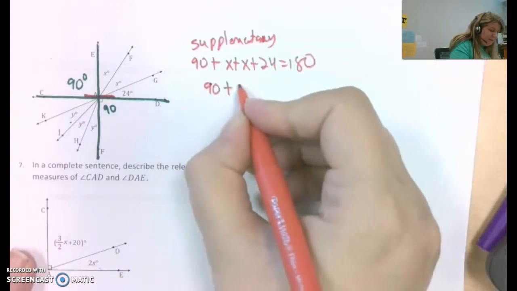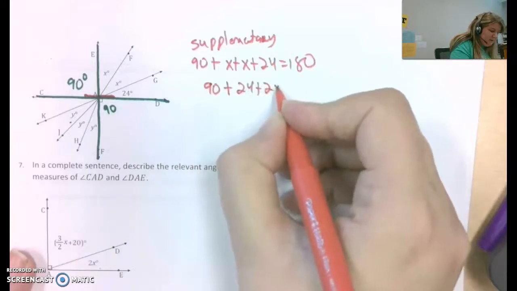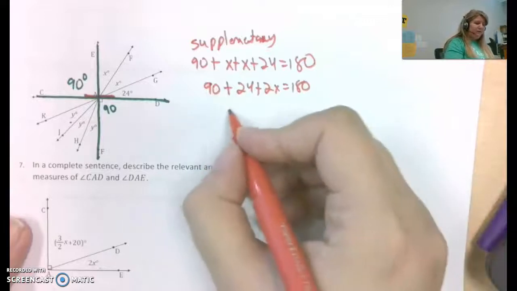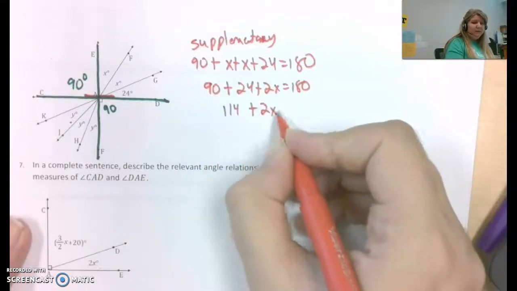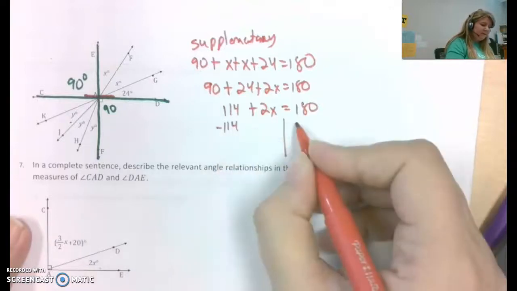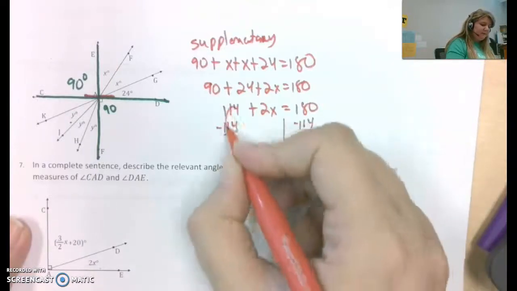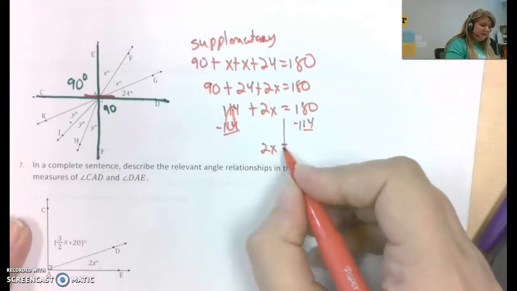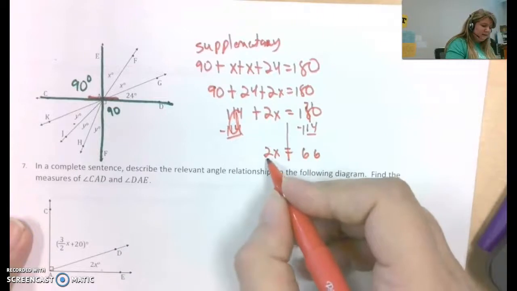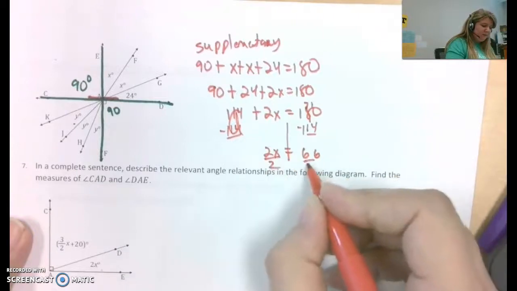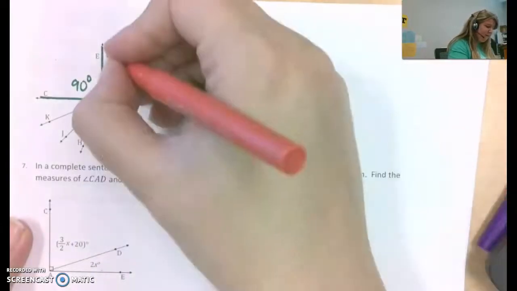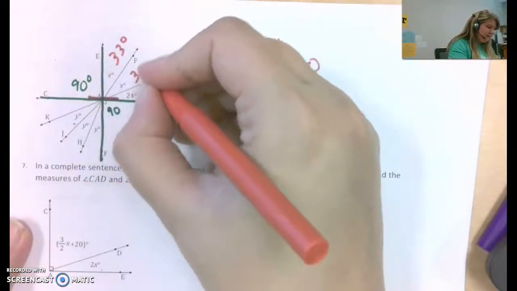So 90 plus 24 plus 2x is 180. 90 and 24 is 114. Plus 2x is 180. Minus 114 from each side. 2x is 66. So then 1x is 33. 33 degrees, 33 degrees.